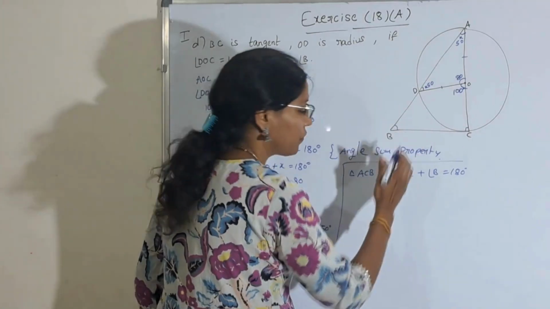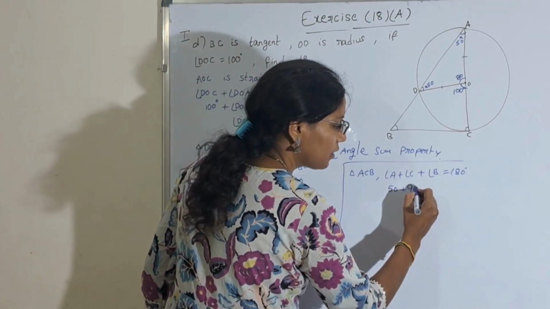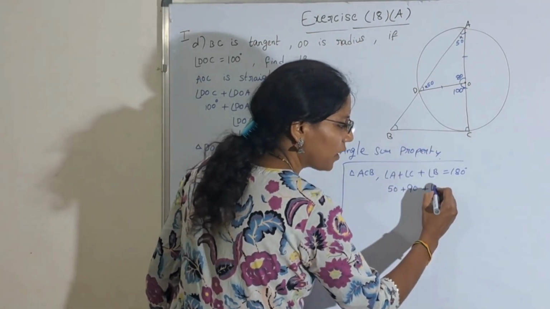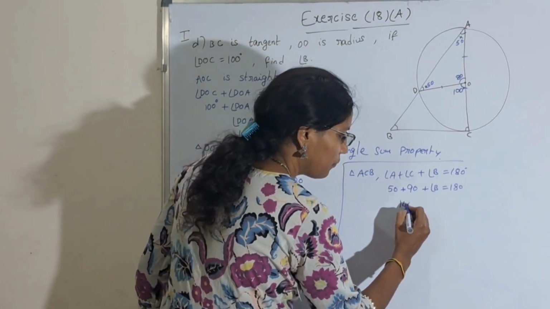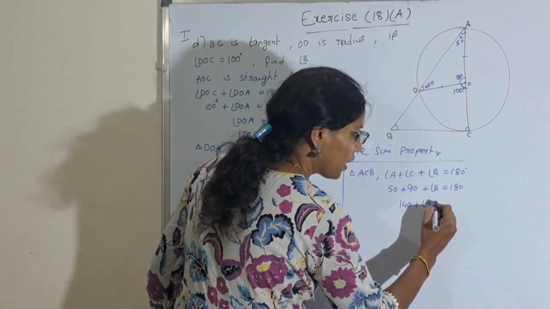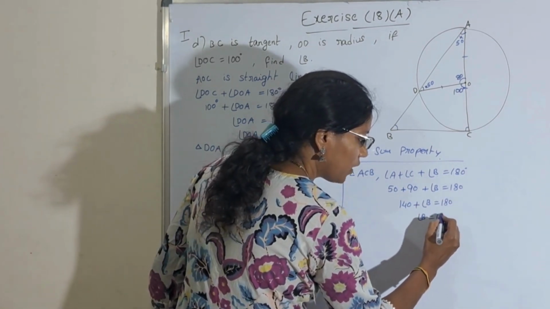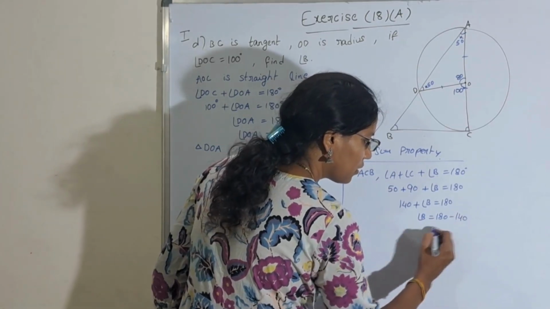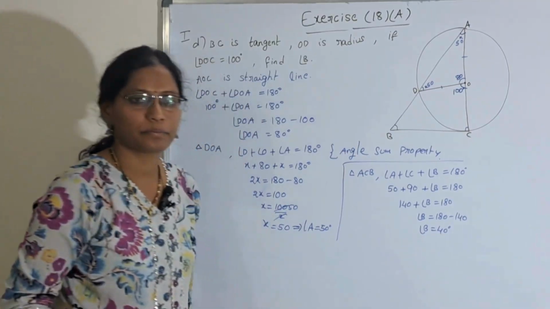Angle A how much? 50 degrees plus angle C 90 degrees plus angle B we have to find out, 180 degrees. Here 140 plus angle B is equal to 180 degrees. Angle B is equal to 180 minus 140. Angle B is equal to 40 degrees.